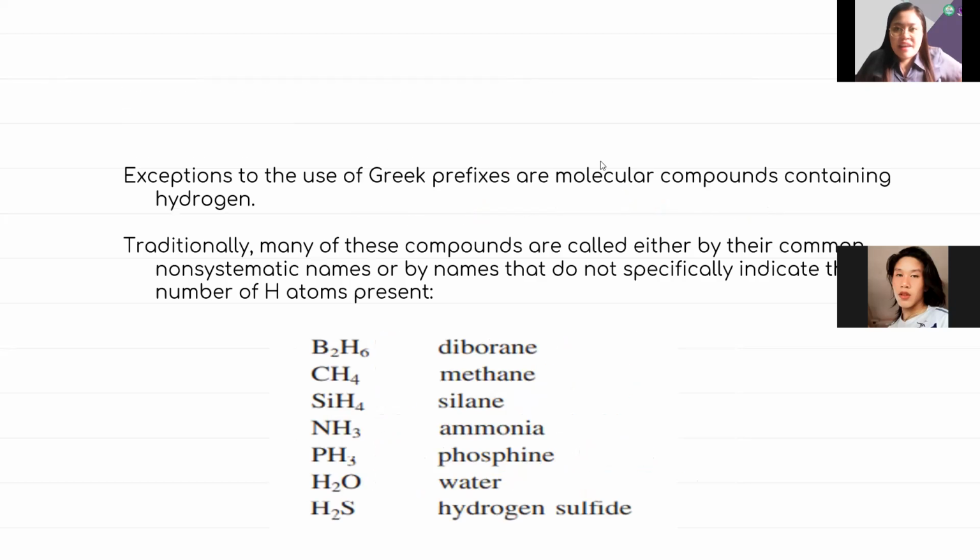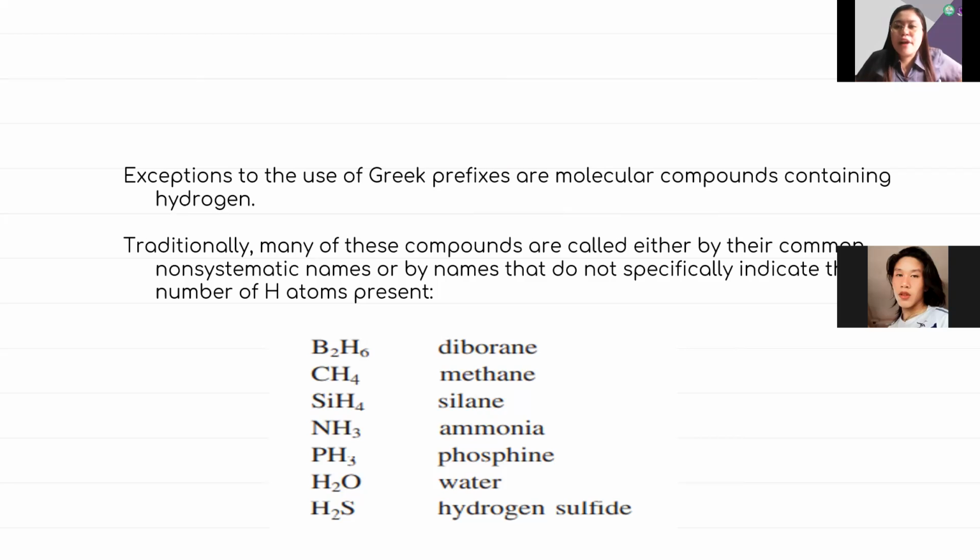And then we have here exceptions to the use of Greek prefixes, like mono, di, tri: molecular compounds containing hydrogen. Again, most of our molecular compounds that contain hydrogen don't use prefixes.